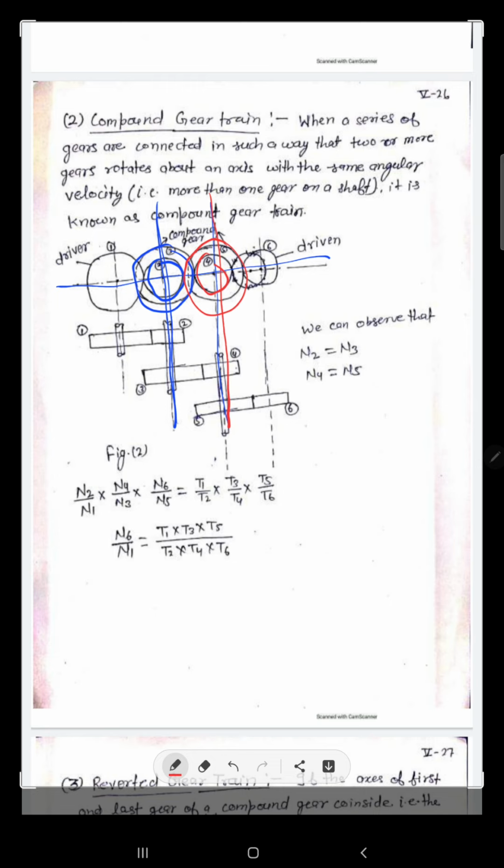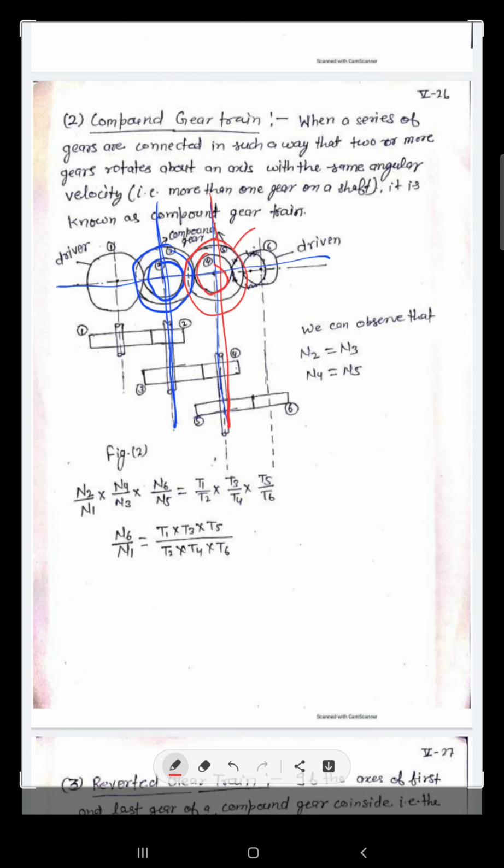So, when a series of gears are connected in such a way that two or more gears rotate about an axis with the same angular velocity, for example gear number 2 and gear number 3 moving with the same angular velocity or speed, and gear number 4 and gear number 5 moving with the same angular velocity, then such a combination is known as a compound gear train.